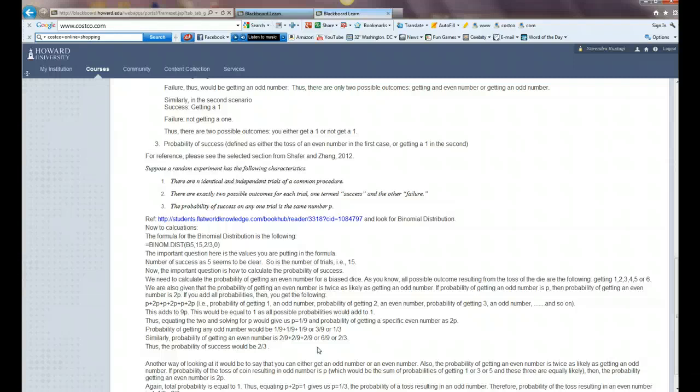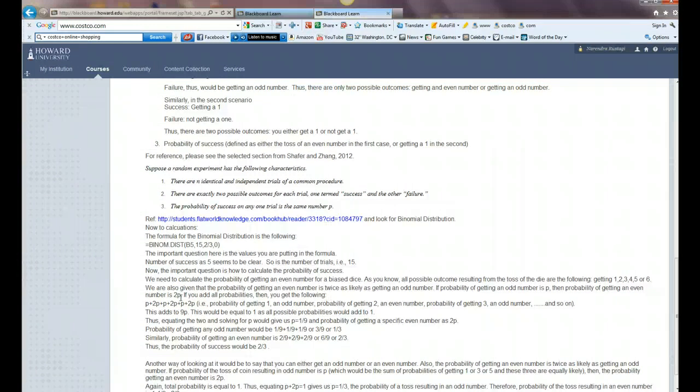If we say an even number is twice as likely as an odd number, then the probability of getting an even number is 2p if the probability of getting an odd number is p.